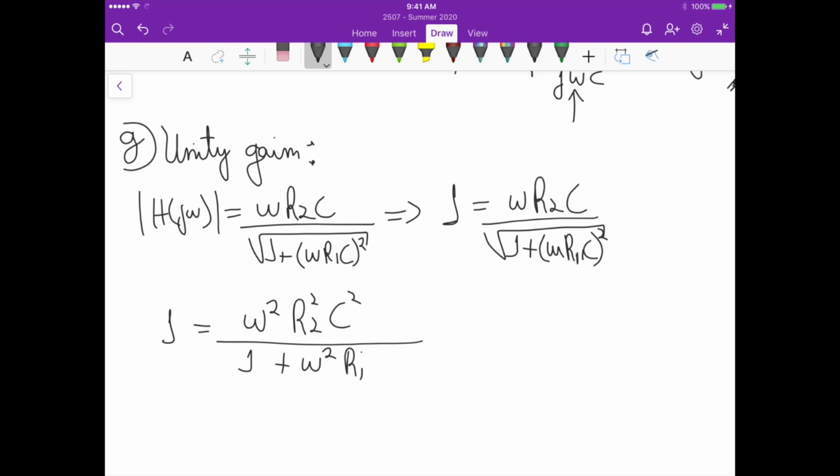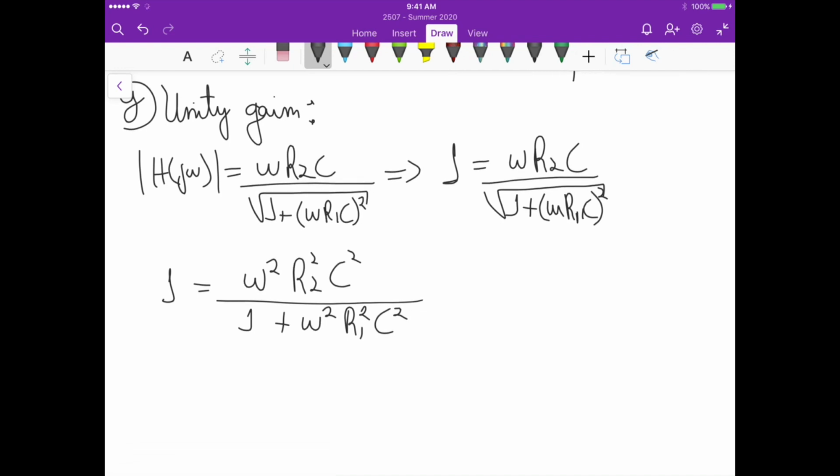R1 squared C squared. And then if we manipulate this again, we get that omega is equal to 1 over the square root of R2 squared minus R1 squared, times C squared.